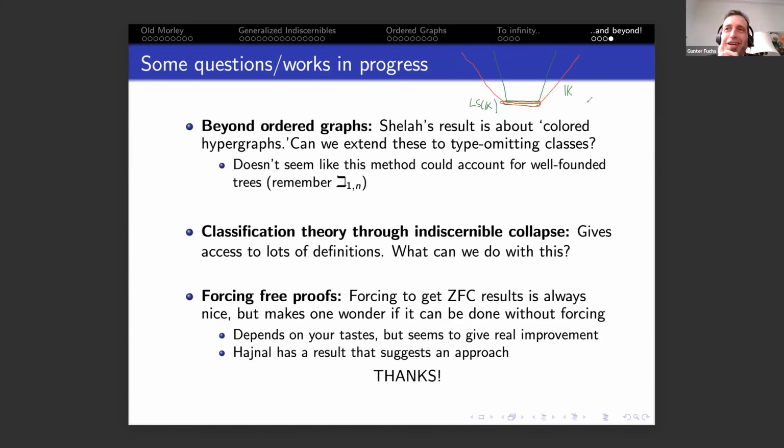Could I ask, I have a silly question. So when you talk about this indiscernibility, the length of the parameter list that you can plug into a formula, is it arbitrary less than kappa, or is it still finite? It's always finite. I see. Yes. Okay.